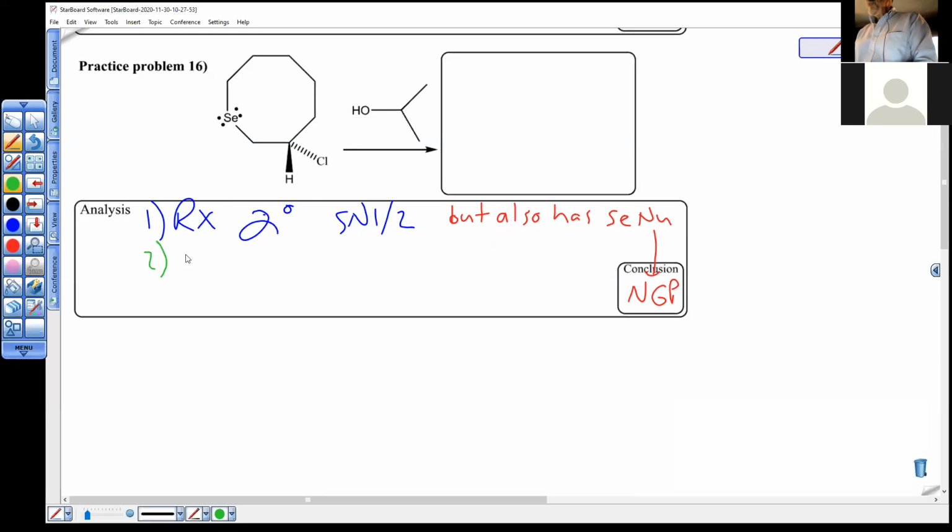Analyze the other nucleophile. ROH. Poor. What does that favor? SN1. And then solvent. When the solvent looks like it's missing, it's the same as the nucleophile. Polar product also favors SN1.